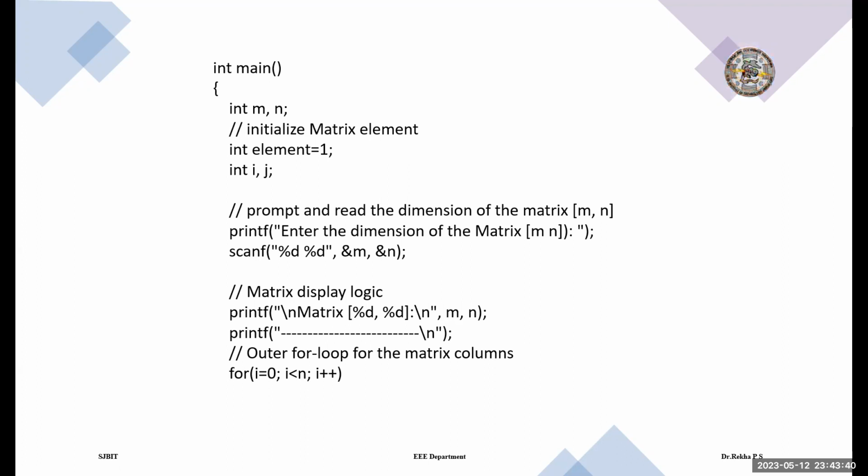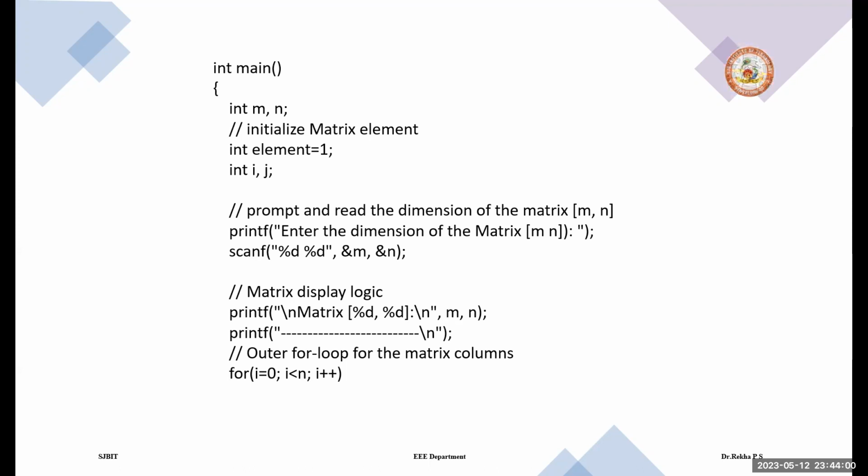Now we have to prompt and read the dimension of the matrix, m and n. So we have to enter the dimension. How do you prompt? Using a printf statement, you tell the user to enter the dimension of the matrix.